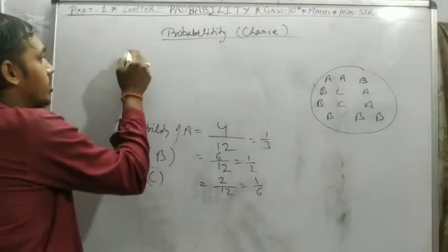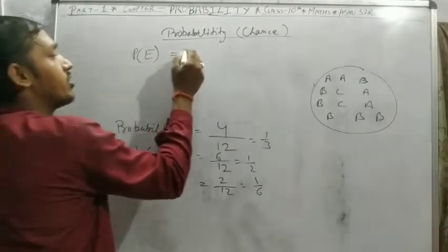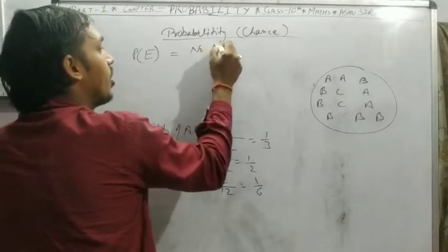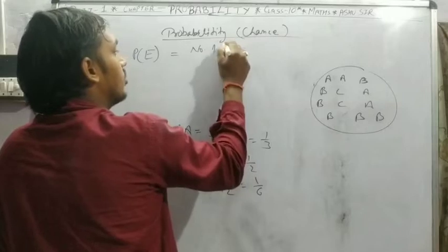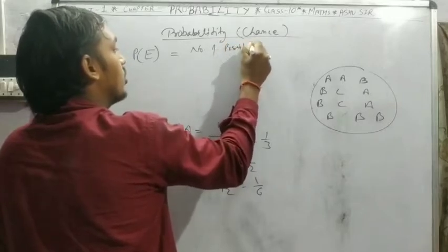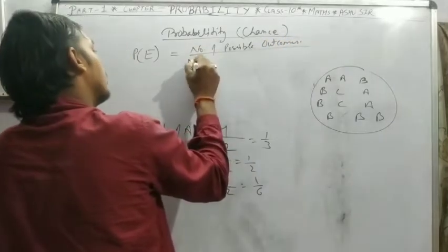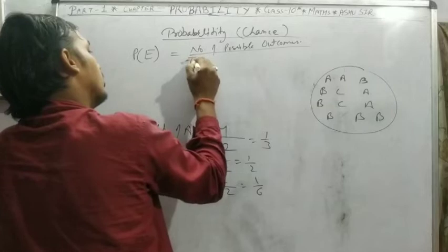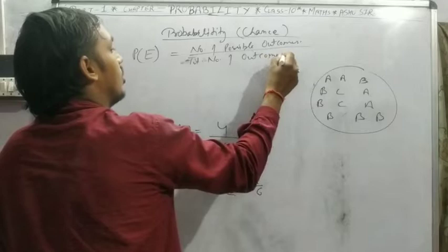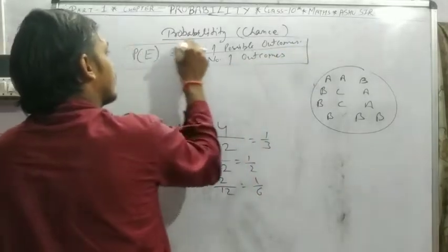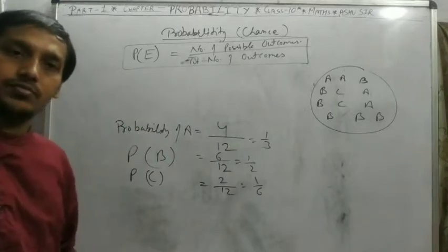So the formula to find the probability of any event is equal to number of possible outcomes upon total number of outcomes. This is the first formula of probability.